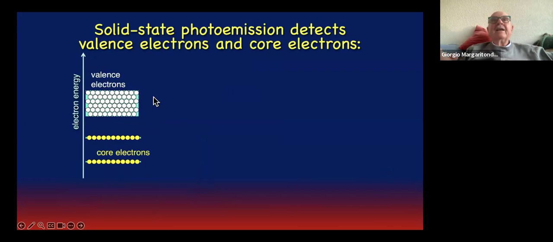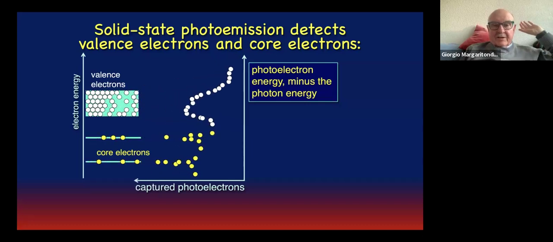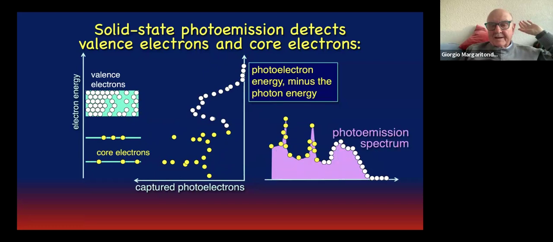Now, the photoelectric effect is extracting electrons from either the core levels or the valence band. And if you measure the number of photoelectrons that are captured, you get a curve like this. This is the energy corrected by the photon energy, and this is the number of captured photoelectrons. Normally, this is shown rotated in this way.